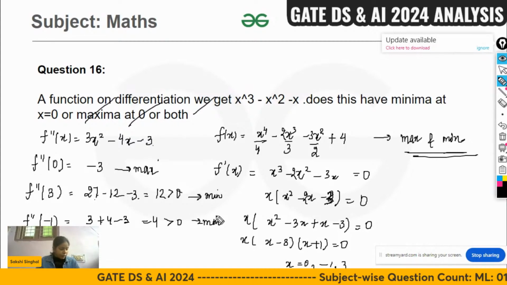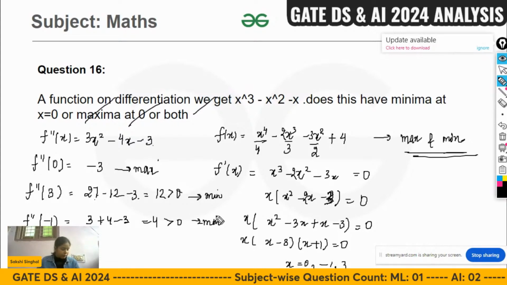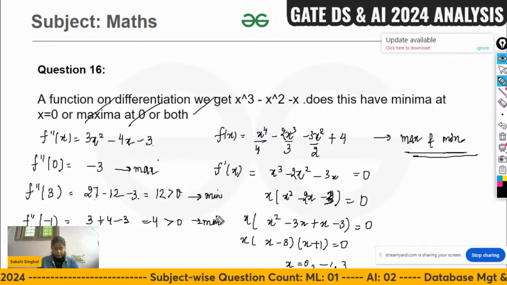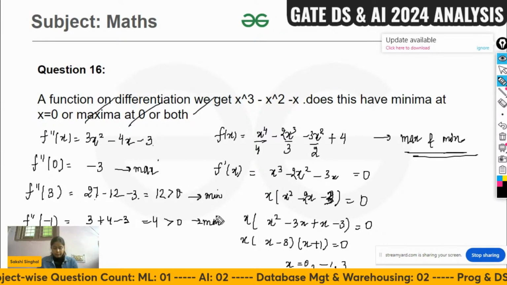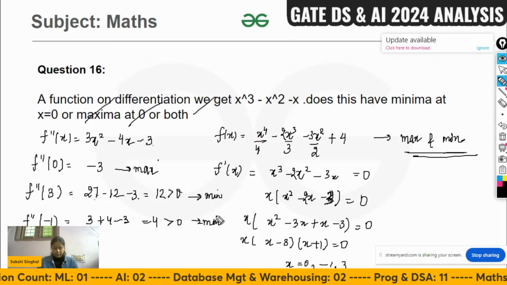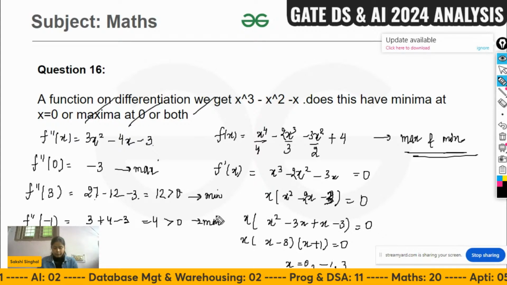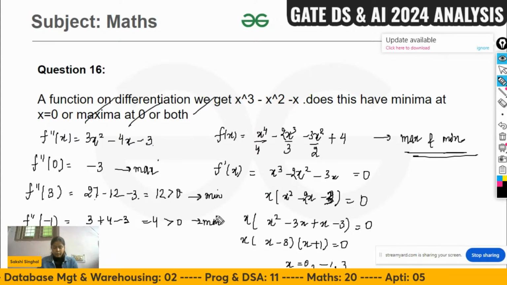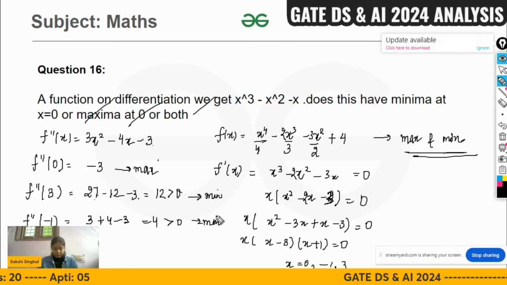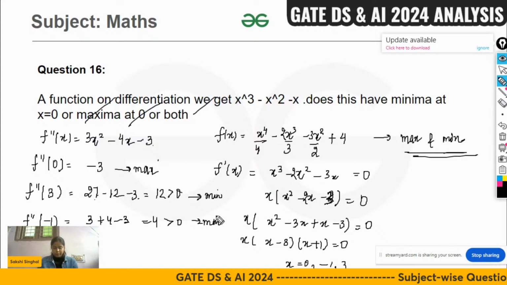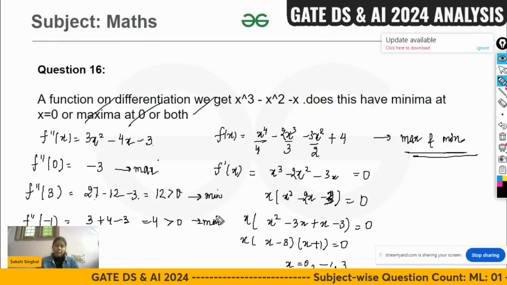How many of you have done this question correct? Just tell me, guys.